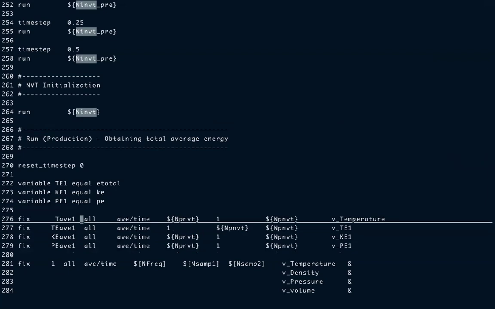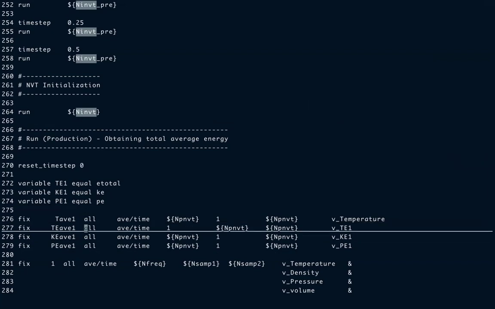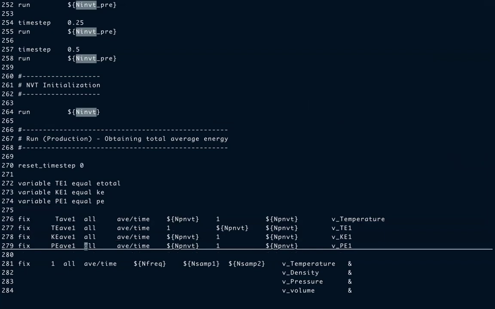I have 5 different fixes, and these fixes essentially calculate the average quantities of temperature, total energy, kinetic energy, and potential energy.